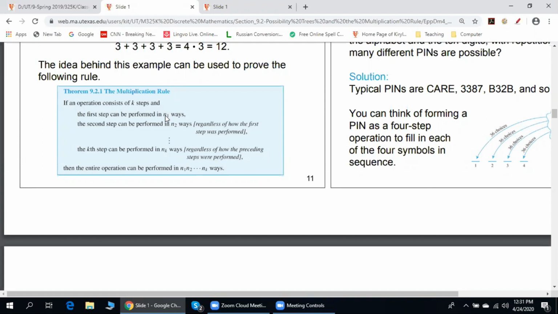So the second step can be performed only in 35 ways, third in 34 ways, and fourth in 33 ways. So it's 36 times 35 times 34 times 33.